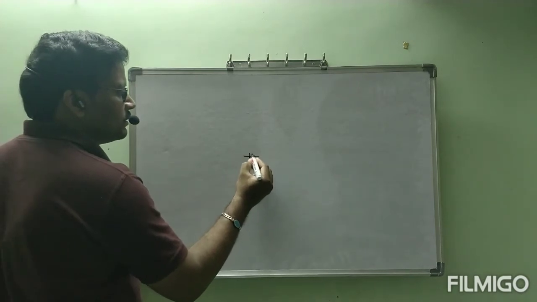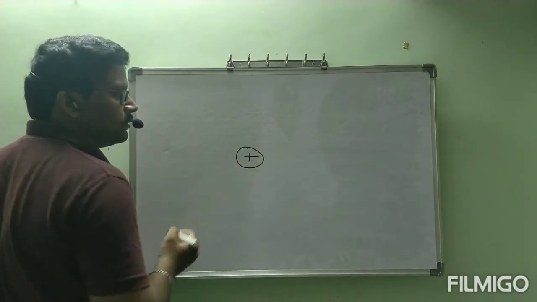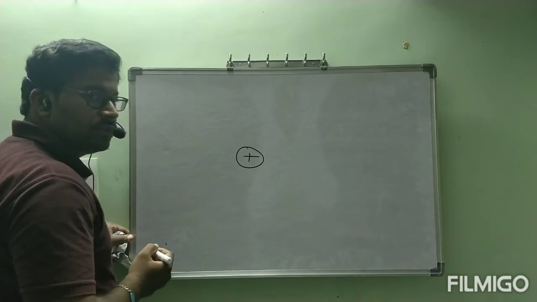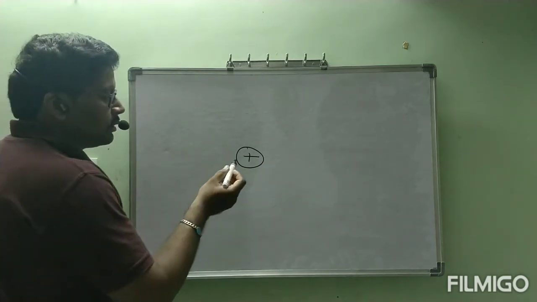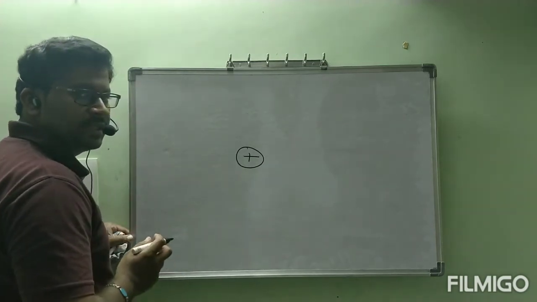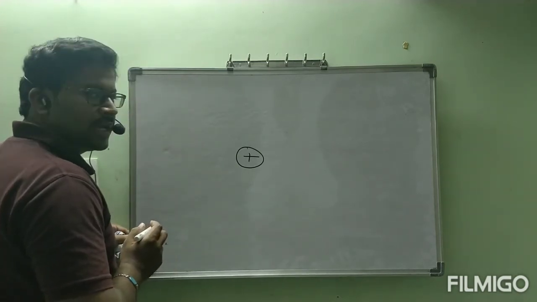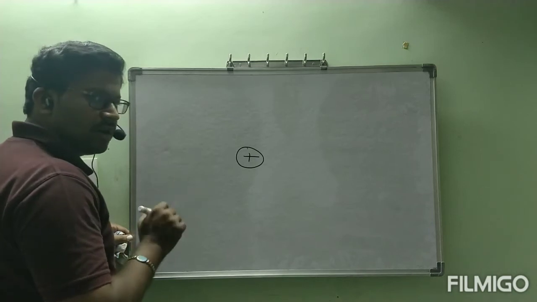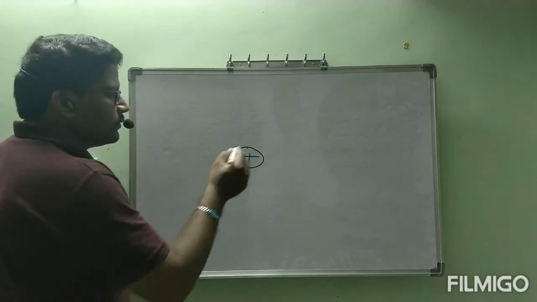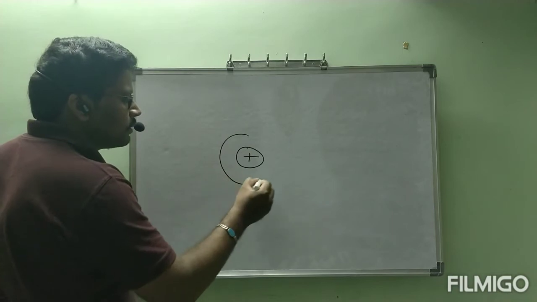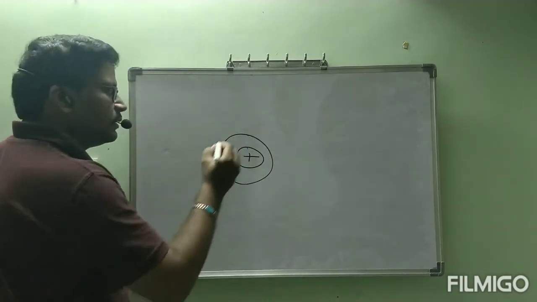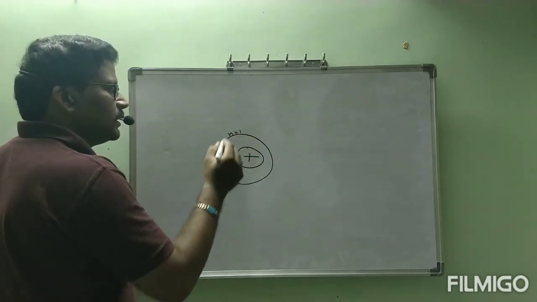This is the nucleus we have. According to Niels Bohr's atomic model, the positive charge of the atom is present at the center, which is called the nucleus. Electrons are revolving around the nucleus in different orbits. This is the first orbit, n is equal to 1.